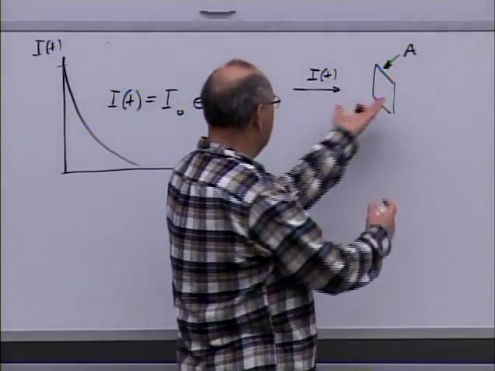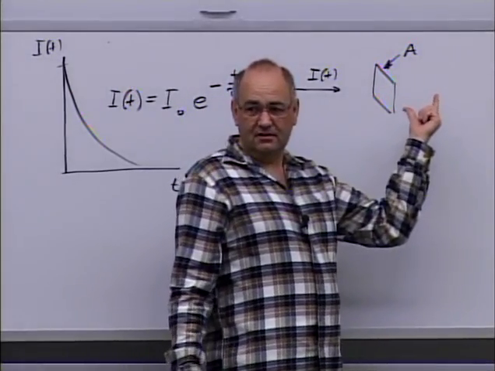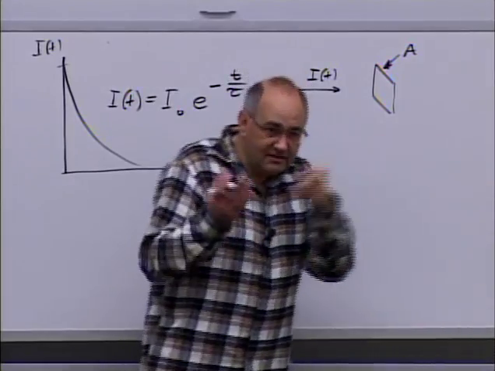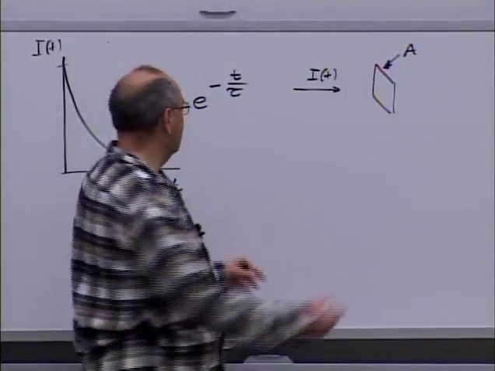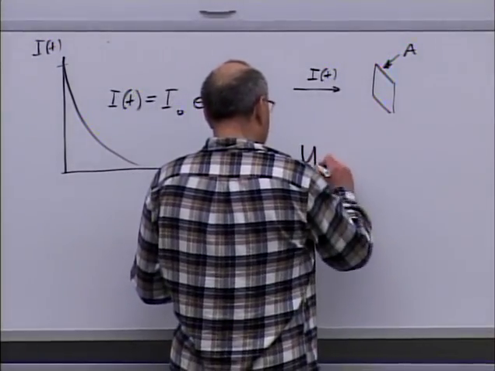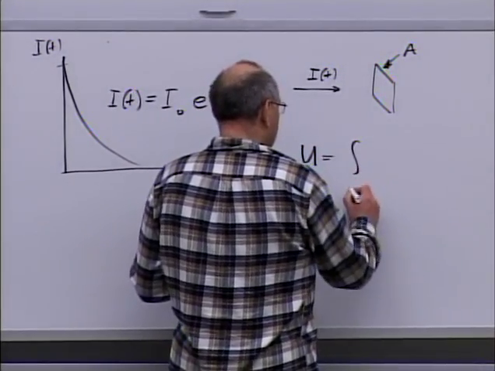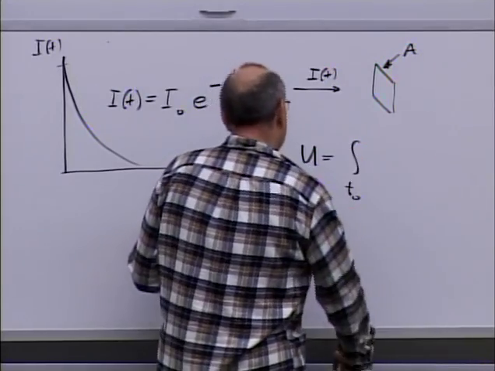So how much energy is going to fall on this surface during the time when the lamp is being turned off? So this total energy will be an integral.